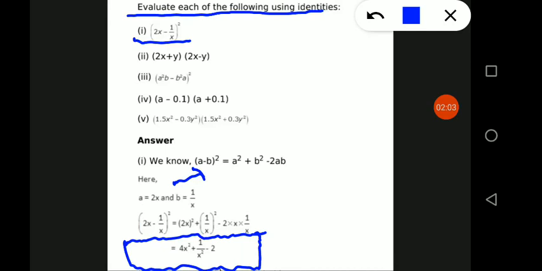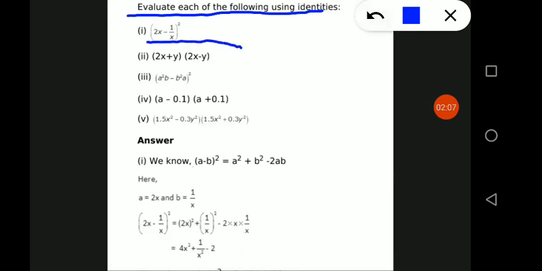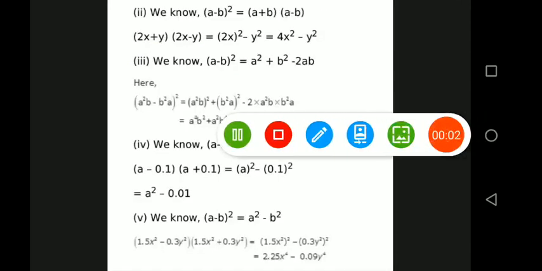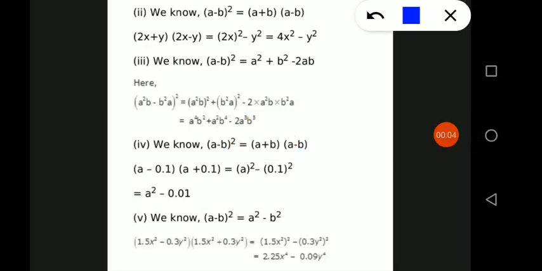Okay. Now second part says (2x plus y) multiplied by (2x minus y). Let's see how to solve this question. As we know that the question is a form of 2x plus y and 2x minus y, which means plus and minus both signs are present there.